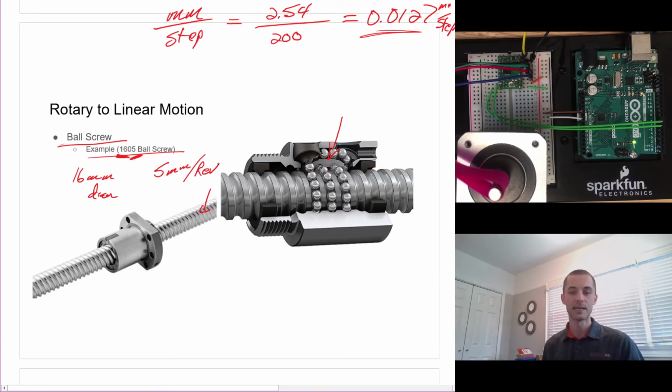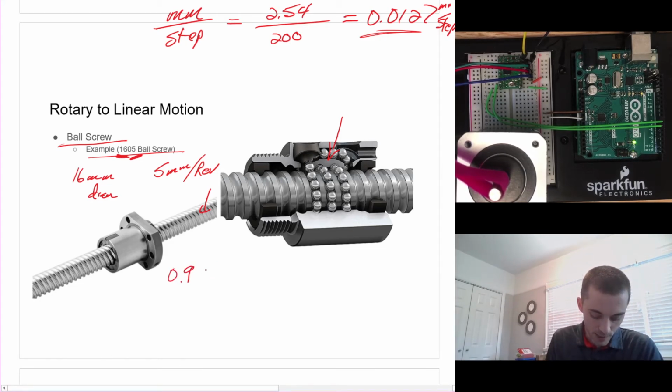And so if we were to take that and say, well, what does that translate into? Let's do a 0.9 degree stepper this time. This means that we've got 400 steps per rev.